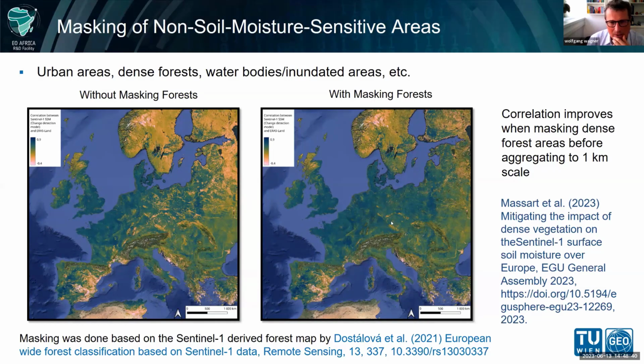After masking, the correlations overall improved throughout the range. For example, here in Eastern Europe, we have lots of forests up here. Once you mask those forest areas, the correlation with external reference data improved dramatically in some areas.